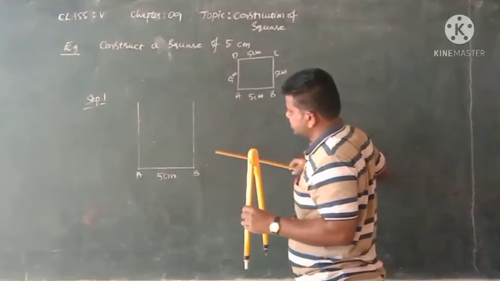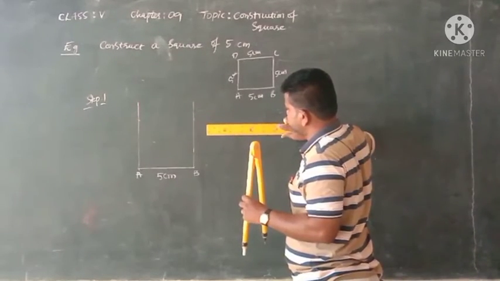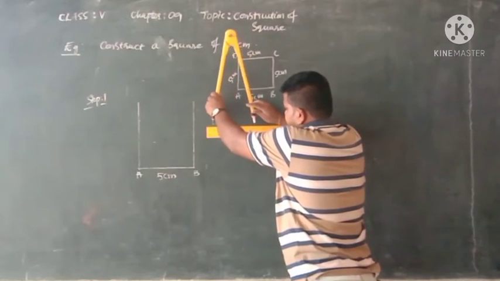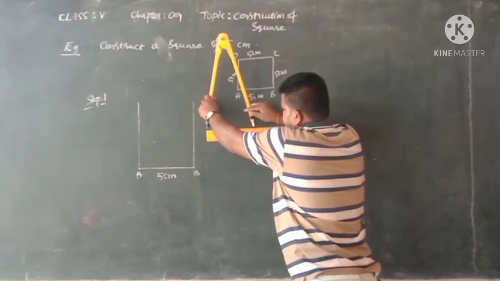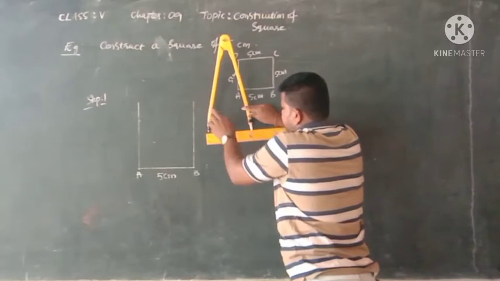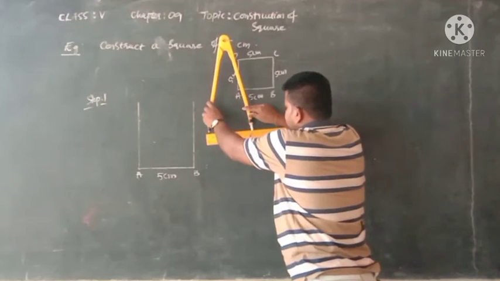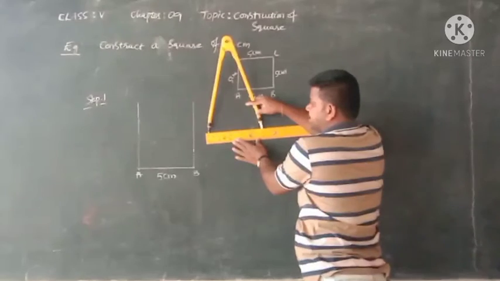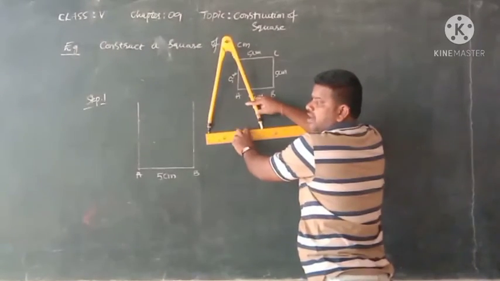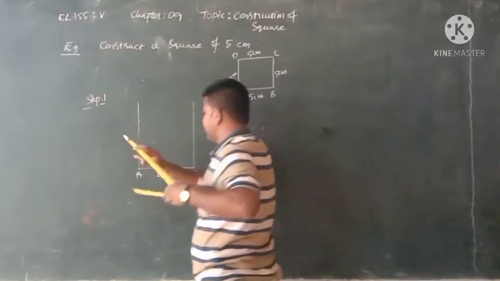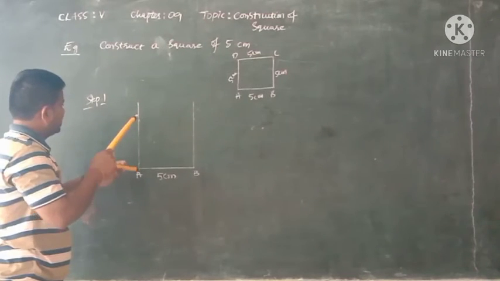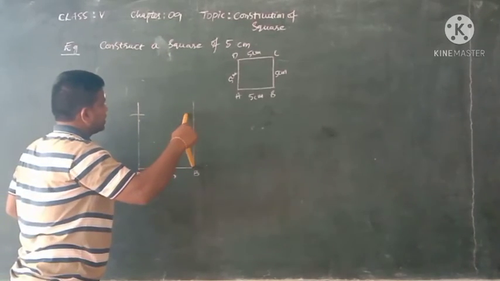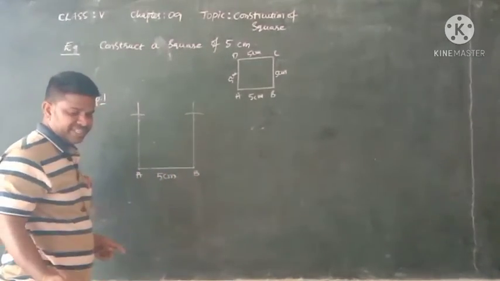You just see here, 0, 1, 2, 3, 4 and 5. By using the compass, you take that 5 centimeters on the compass, and without disturbing this distance, with the center A you draw an arc and cut off the ray at D. With the same distance and the center B, you cut off the line drawn previously in step 2.